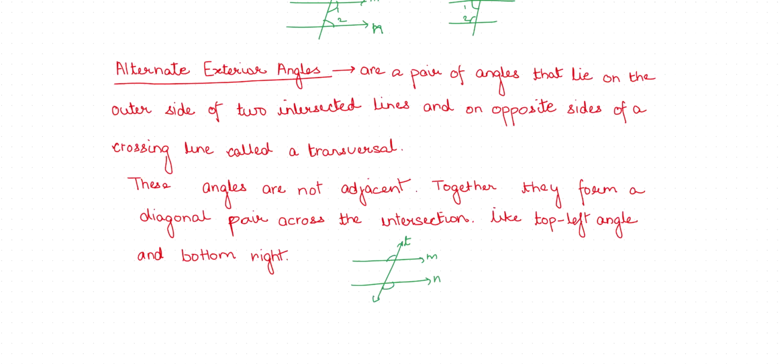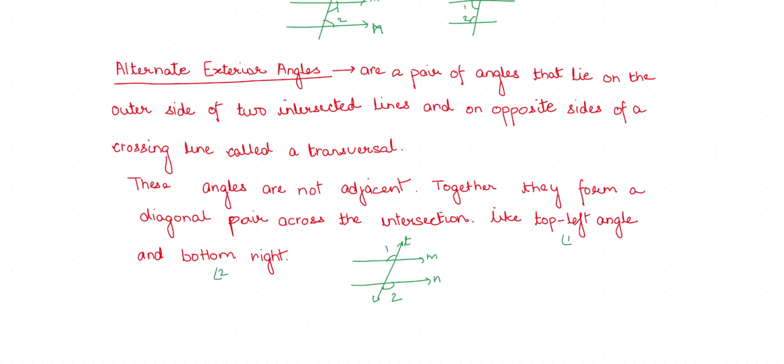Like angles 1 and 2, they are alternate exterior angles because they lie on the outer side of the intersected lines and on the opposite sides of the transversal. They are not adjacent and they form a diagonal pair across the intersection. Like this one, 1, is the top left angle, and 2 is the bottom right.